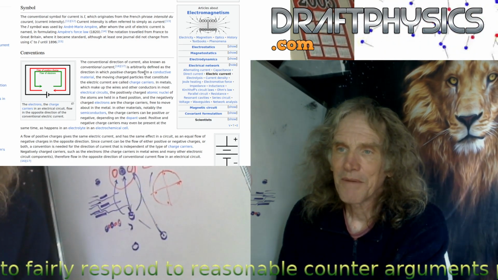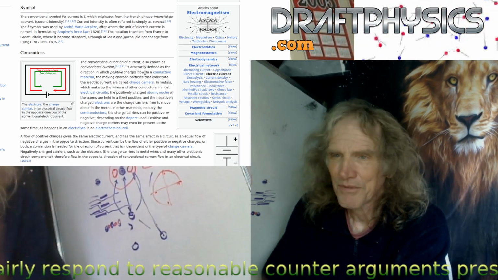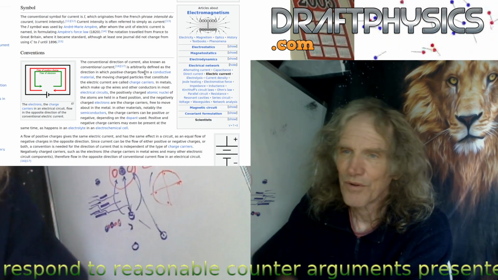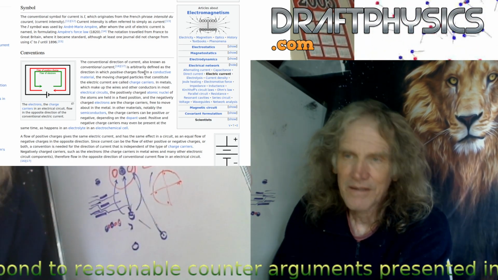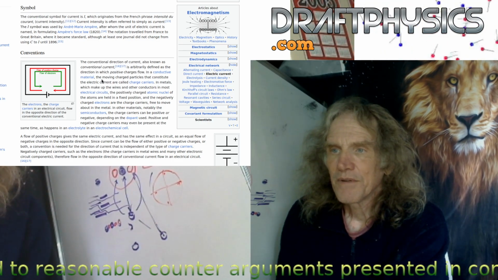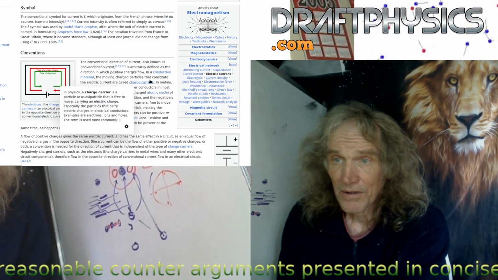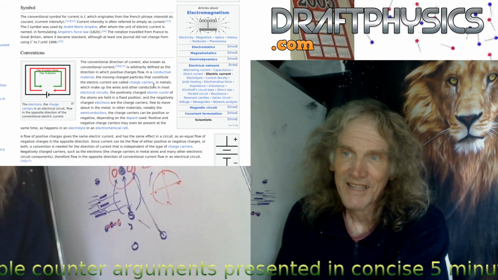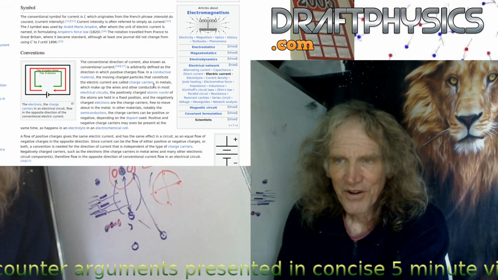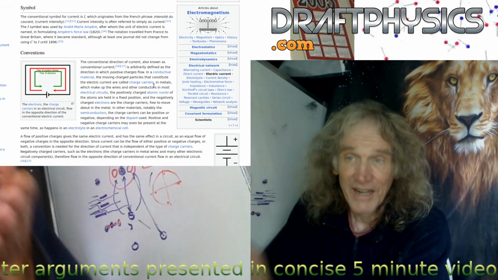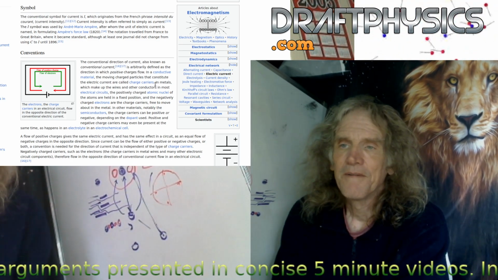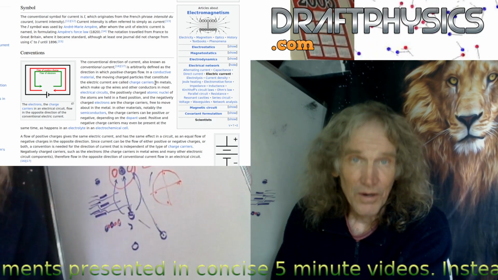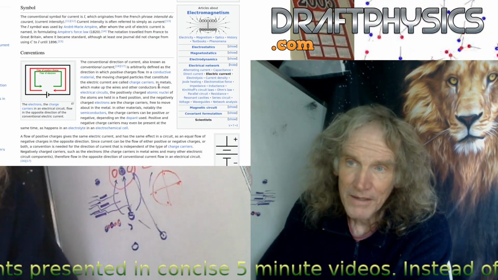So they're just saying by convention they're going to pretend amps are going in a different direction than voltage, and it can't, it's not. In a conductive material, the moving charged particles that constitute the electric current are called charge carriers. So again, they're not carrying charge. They are charged, and what they're carrying is momentum. That's why they can do work, because they're carrying momentum.